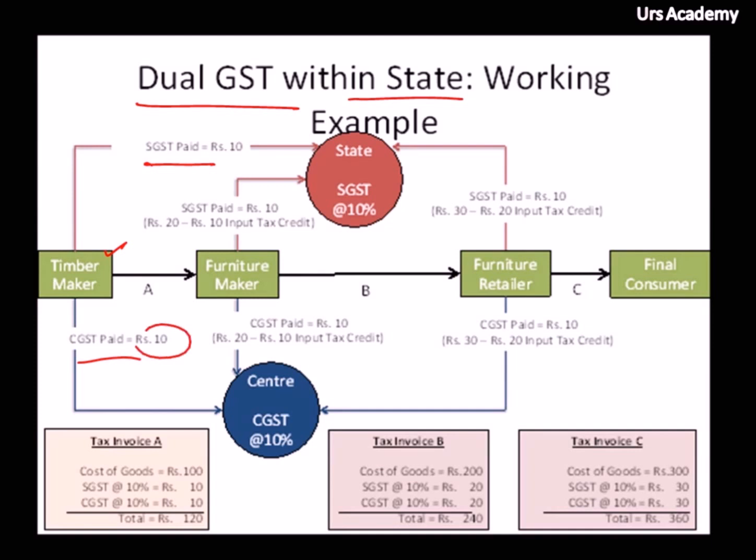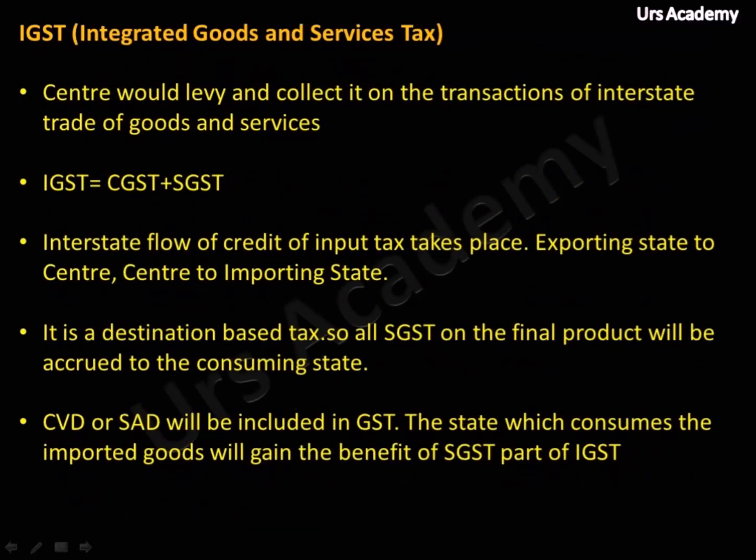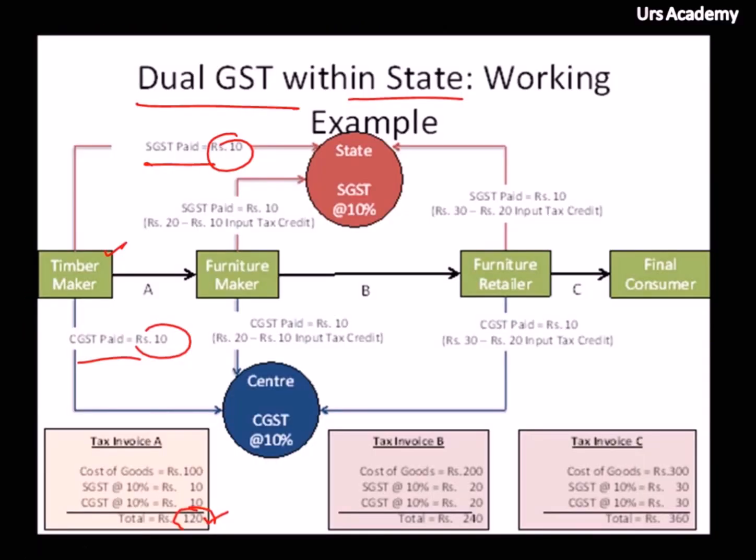That means rupees 10 and rupees 10 per rupees 100. So finally the cost of the product will be 120 rupees. This timber maker will pay 10 rupees to the state and 10 rupees to the center, at the rate of 10% SGST and 10% CGST.